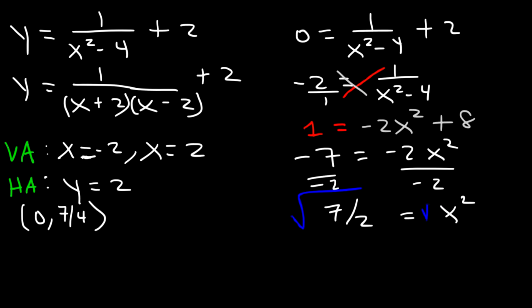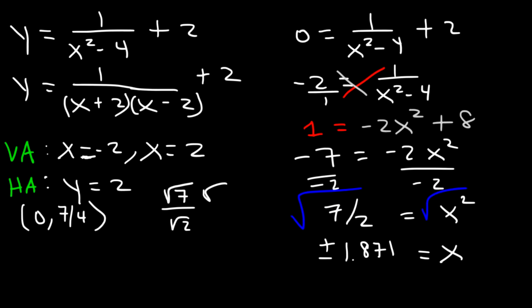And if we take the square root of both sides, x is going to be plus or minus the square root of 3.5. By the way, for those of you who want the exact value, root 7 over 2 is root 7 divided by root 2. You need to rationalize.